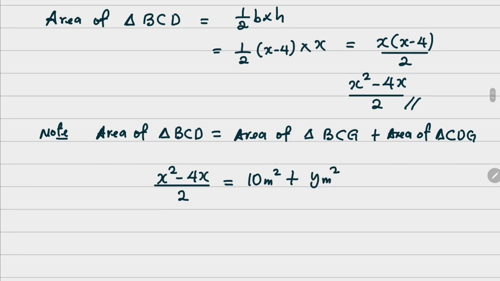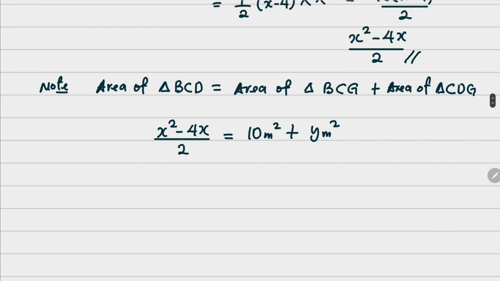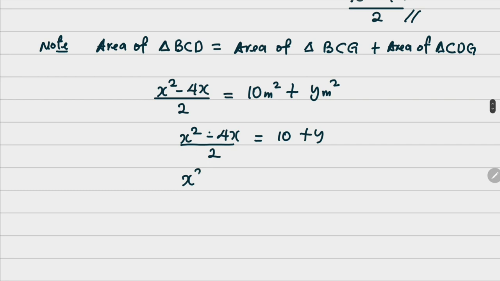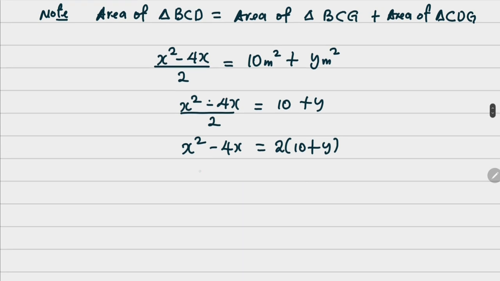This is very important, so we can write it as x squared minus 4x all over 2 is equal to 10 plus y. So x squared minus 4x is equal to 2 into 10 plus y, so that x squared minus 4x is equal to 20 plus 2y. Now let this be my equation 1. So I'll keep it.